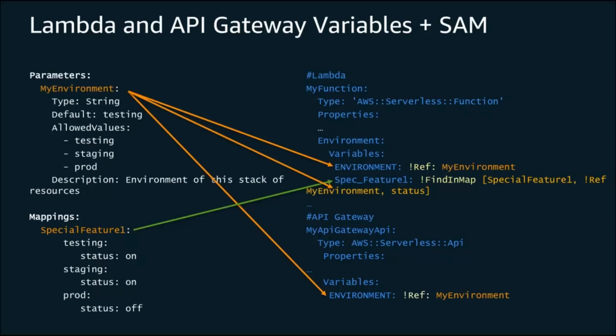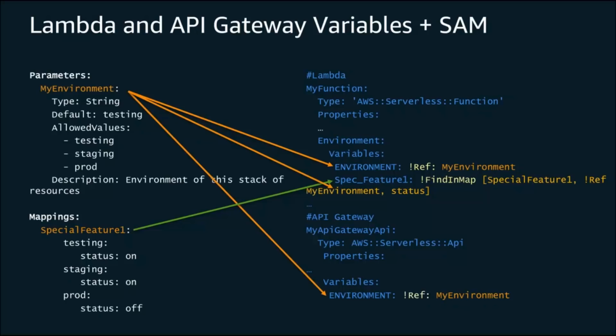And so we see here for the Lambda function, the top half of the right side there, we have an environment variable called environment. It then is using an intrinsic function called Ref, or reference. It's then going to reference the parameter called myEnvironment. Below that, we see an environment variable called special feature 1, which aligns then with the mapping. And this is actually using now two different intrinsic functions.